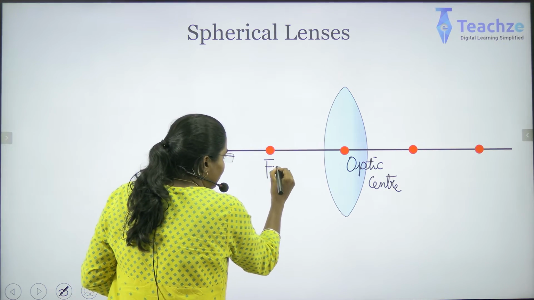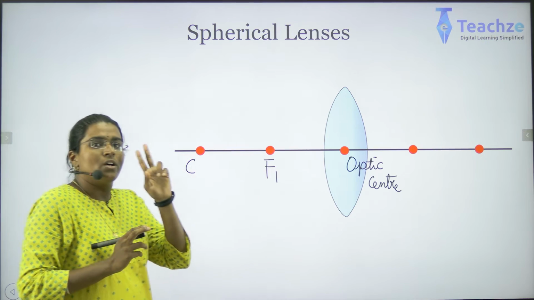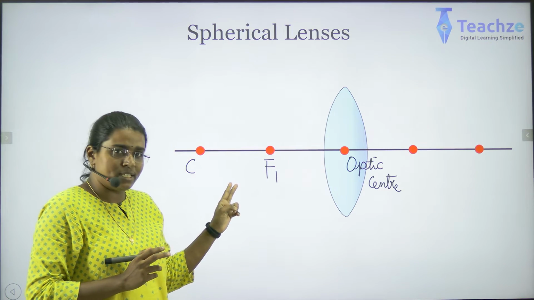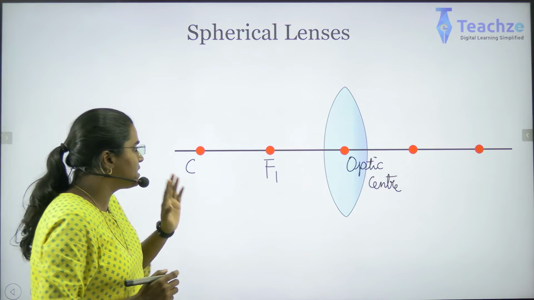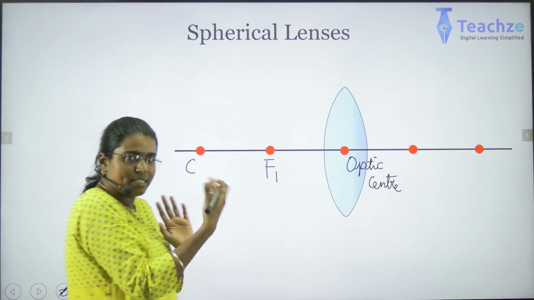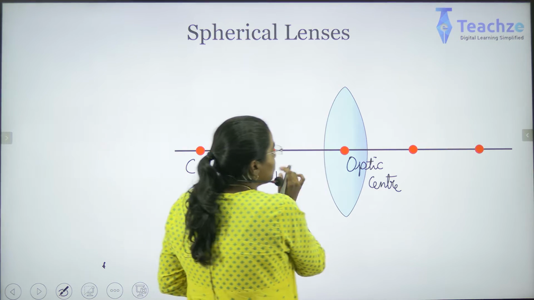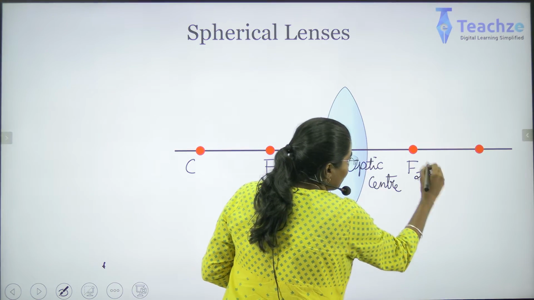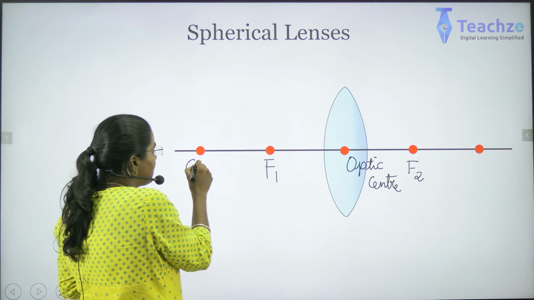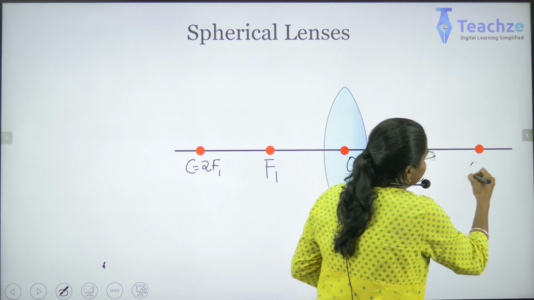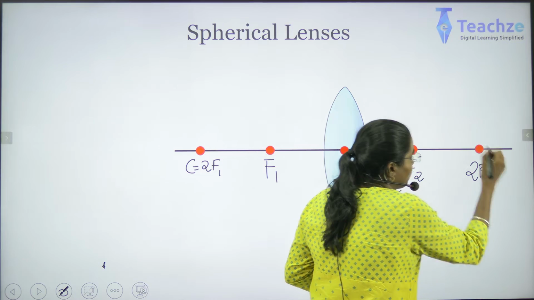But here, what would be this? This is F1. There are two focal lengths, two focus that we have in lenses because there are two refracting mediums. So this side it will be F1 and this will be F2. So this would be 2F1 and this point would be 2F2.